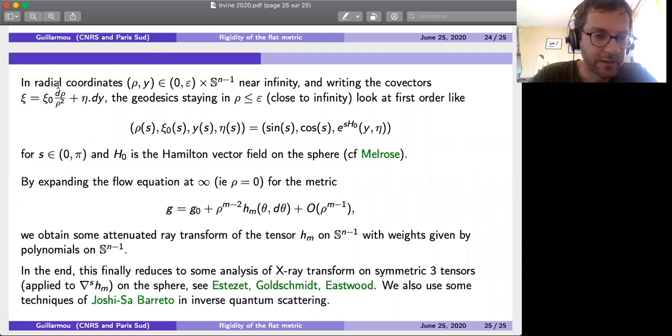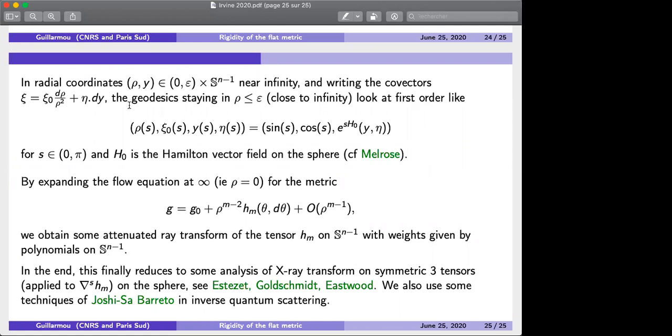So the idea is to look at the geodesic equation in radial coordinates, using this rho and y coordinate near infinity. So remember rho is 1 over modulus of x basically, or something like this, but adapted to the metric G. And if you write the covectors in radial coordinates, so xi0 times dr or minus dr, which is just d rho over rho squared, plus the sum of eta i dy i, where y are coordinates on the sphere.